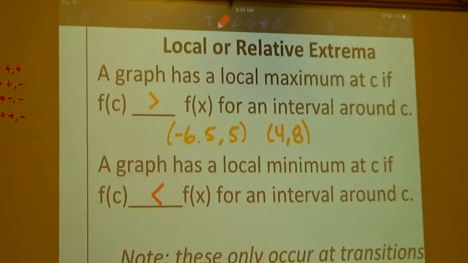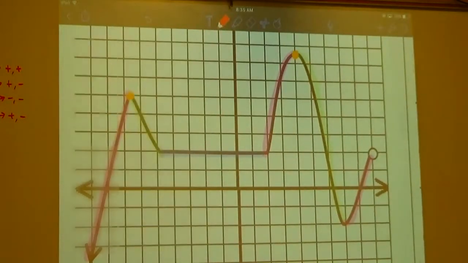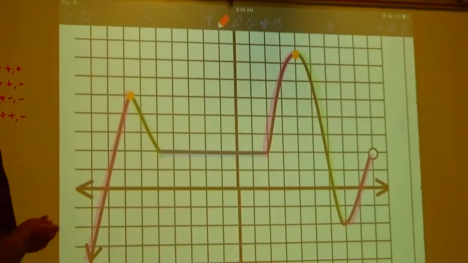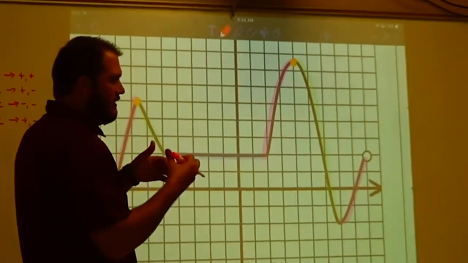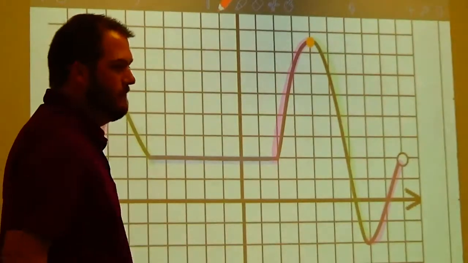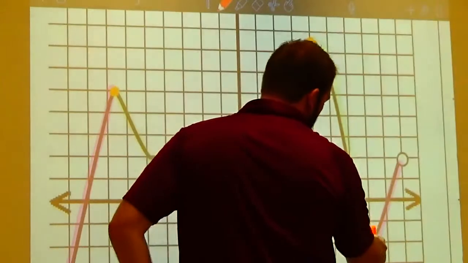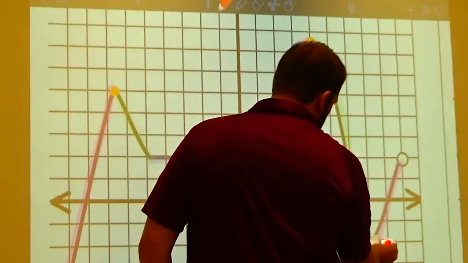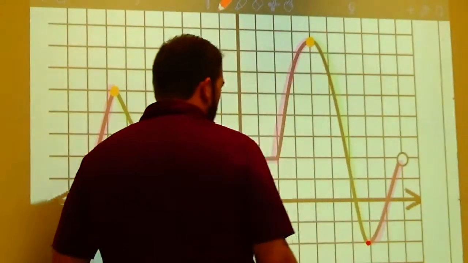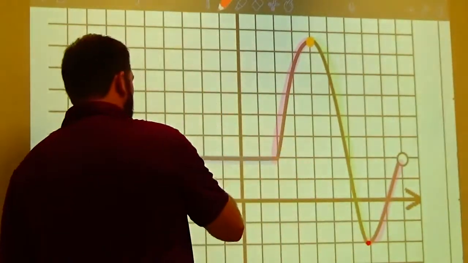Now it's the same thing except flipped. So if we can create an interval where our point is the lowest around that interval. So how many do we have here? 1. We only have 1. We only have this point here because no matter what interval we create, it's going to be the lowest point. Now we did these earlier.